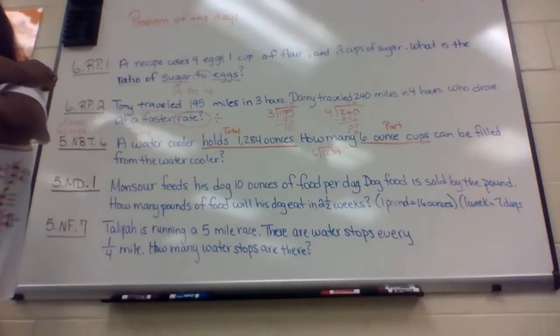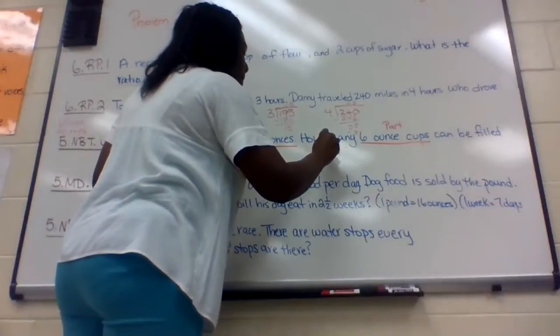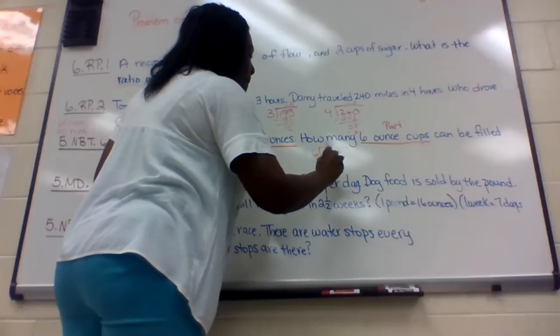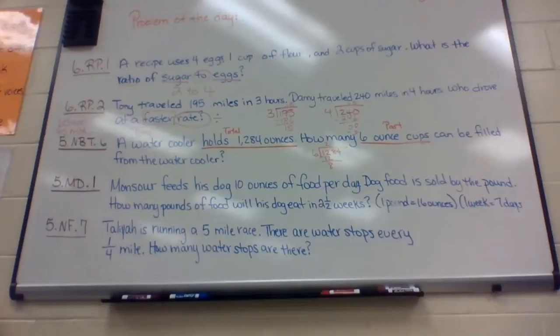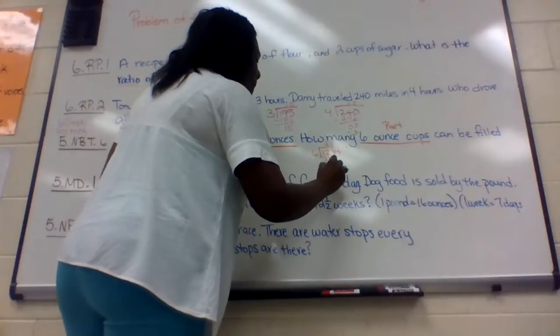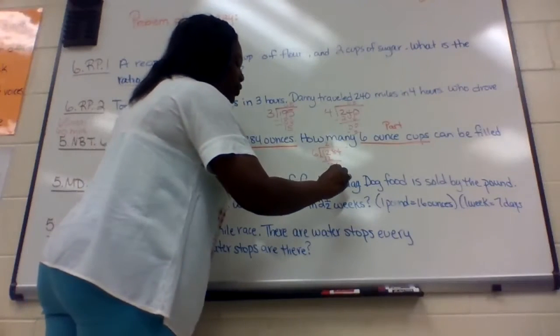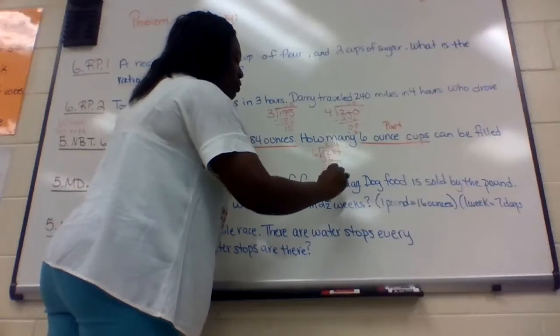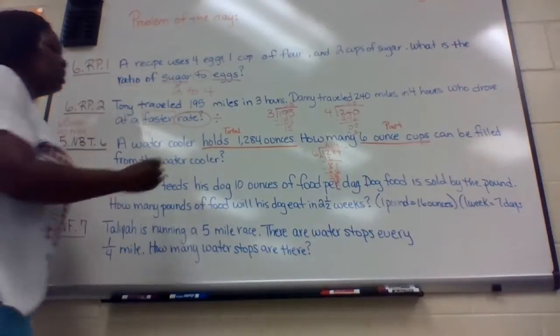All right. Can 6 go into 12? Yes, 2 times. Can 6 go into 8? No. How many times? 1 time. Yes, Robert. Can 6 go into 24? Yes. 4 times. All right. So 214 cups.